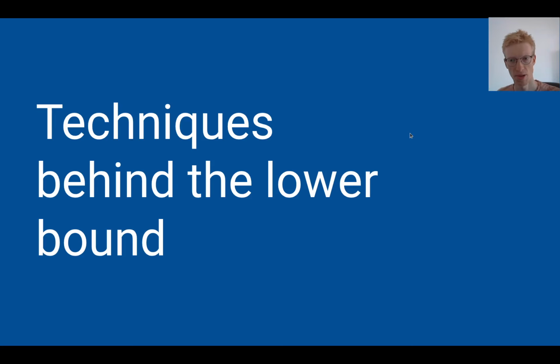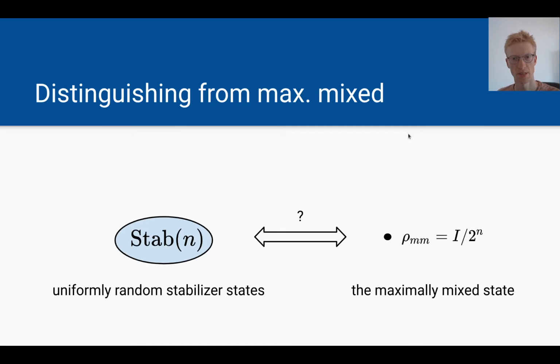So for the lower bound, we first observe that we can reduce the task of stabilizer testing to a simpler problem where instead of testing stabilizer states against any non-stabilizer states, we now test uniformly random stabilizer states only against the maximally mixed state.